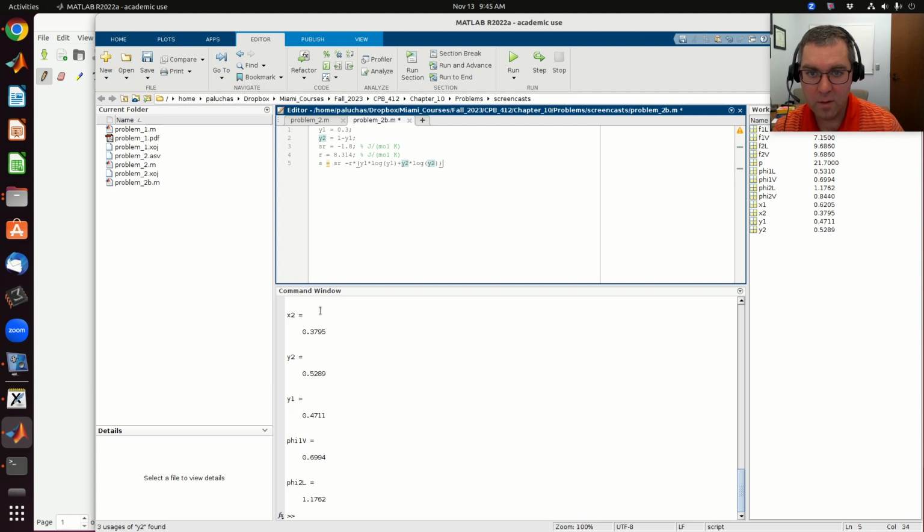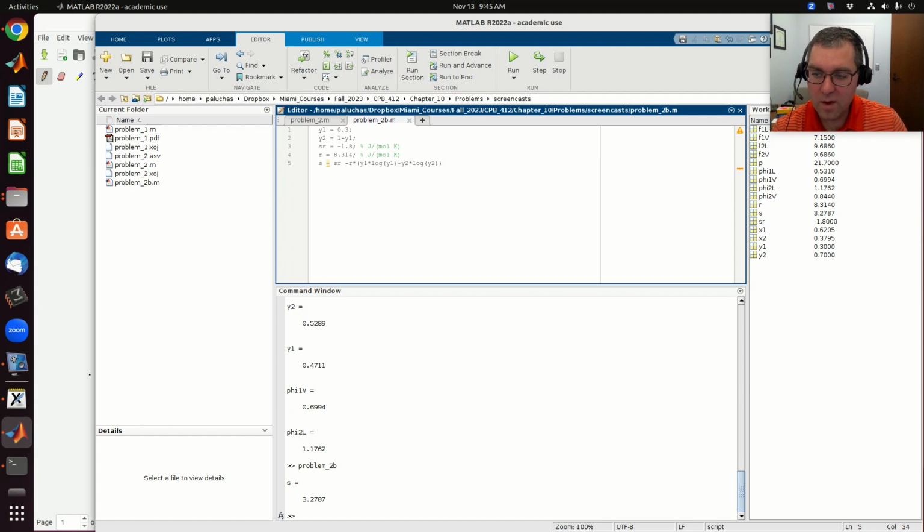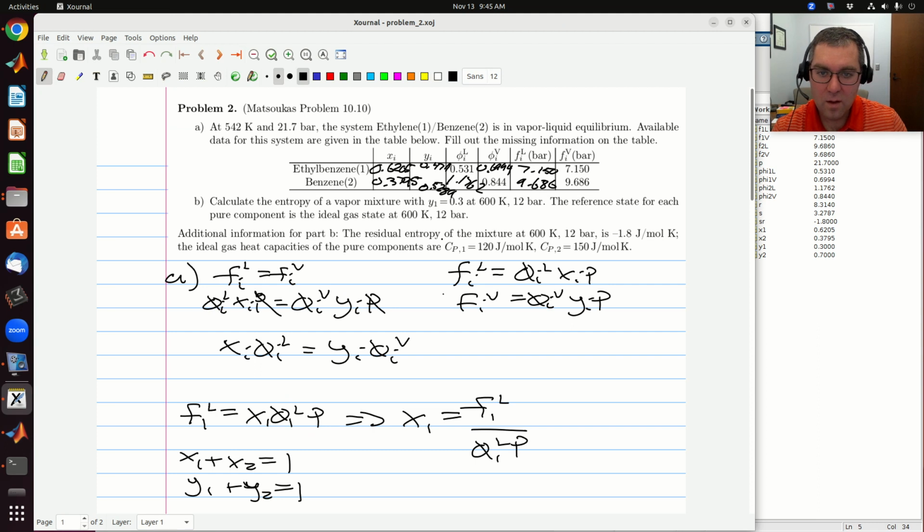And MATLAB log is natural log. So cool. So I get S is 3.2787. Let's make sure. So Y was 0.3. We're at 600 Kelvin and 12 bar, but our reference state's ideal gas also 600 Kelvin and 12 bar. Cool.